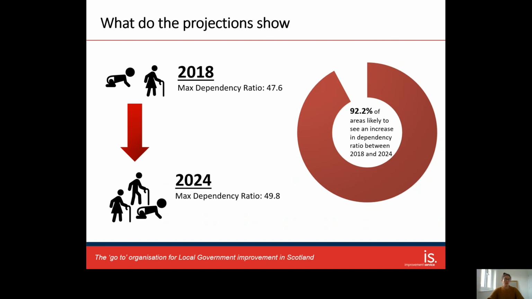So this is just giving you a sense of what overall the projections are showing for the whole of Scotland. But these are the types of things that you can look at in more detail for specific council areas, and look at how it varies between different areas. Especially when you think of things like how your population is likely to grow or decline, it's important that you see how that varies between the different areas within councils, and the same with dependency ratios.